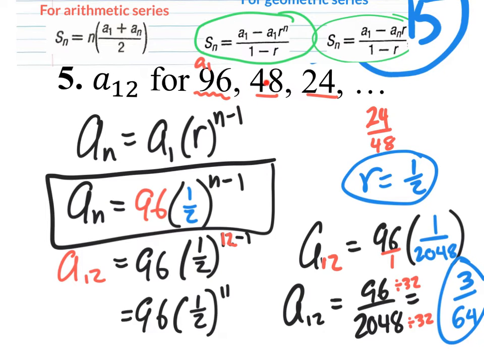Half of 96 is 48, that's the second term. Half of that's 24, third term, half of that's 12, half of that's 6, half of that's 3, half of that's 3 over 2, half of that's 3 over 4, half of that's 3 over 8, and you keep going till you get to your 12th number on your list, and that will be 3 over 64.